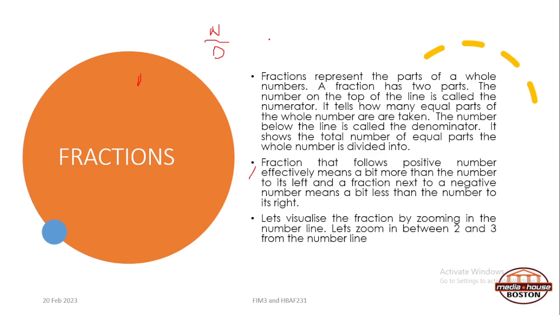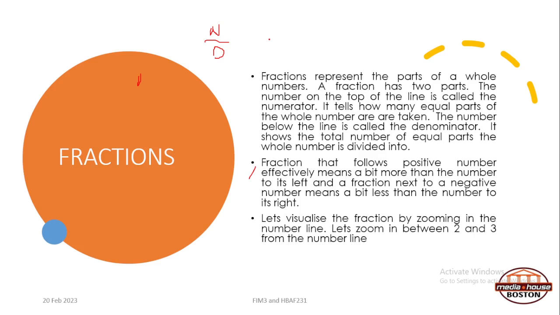Let's zoom in between 2 and 3 on the number line. From the textbook on page 10, you will see that they zoom in on the number line from 2 to 3, and you will be able to see that between 2 and 3 there will be 2.1, 2.2, 2.3, 2.4, 2.5, 2.6.